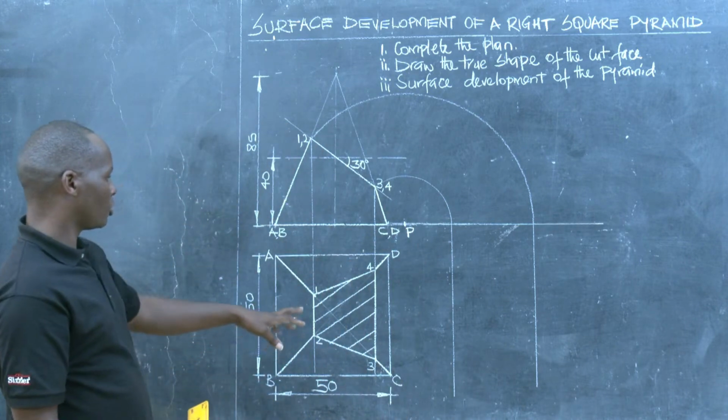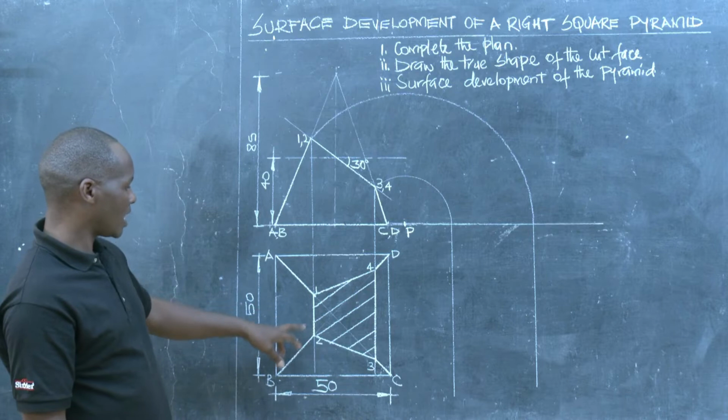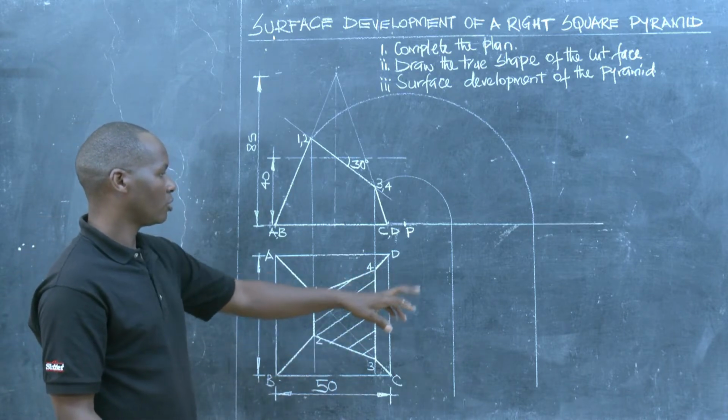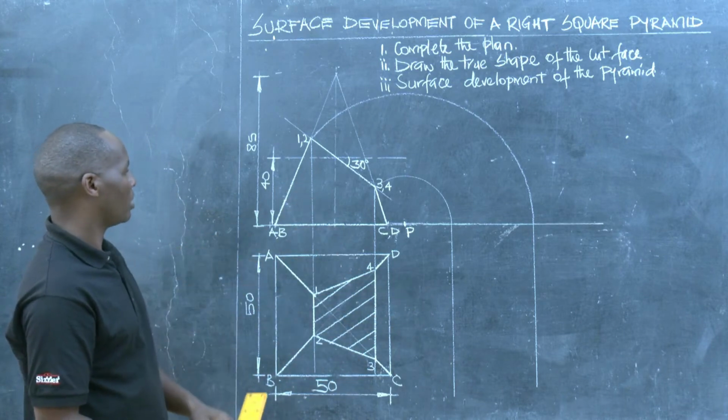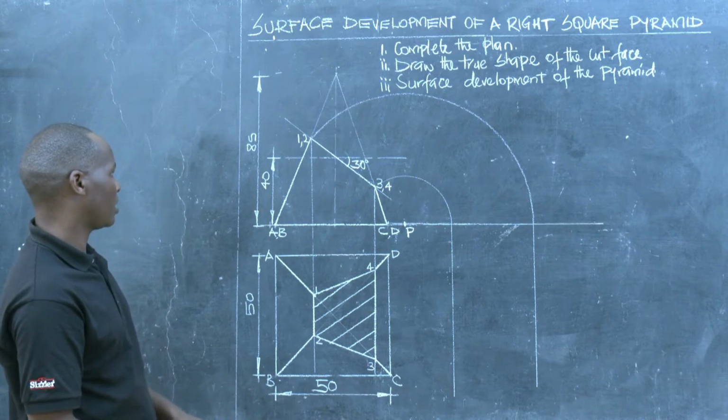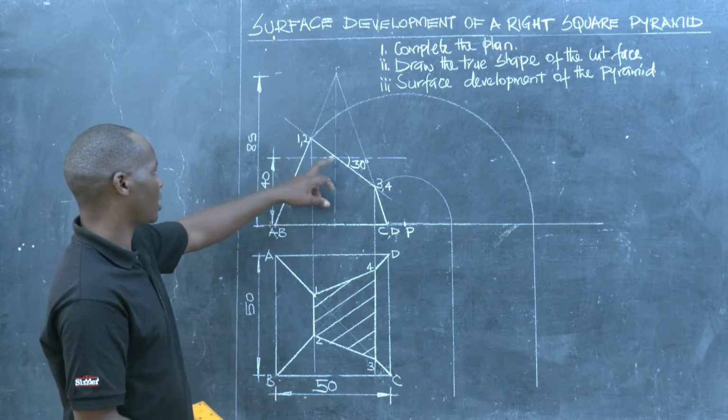Then we also draw horizontal lines from point 1, 2, 3, and 4 to meet the points that we've repeated from the elevation, with 1, 2, and 3, 4.